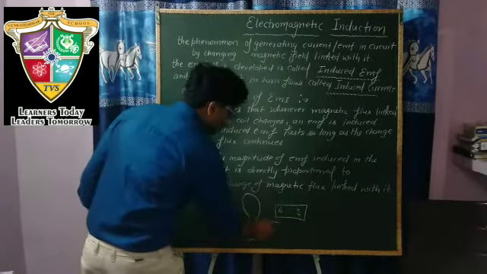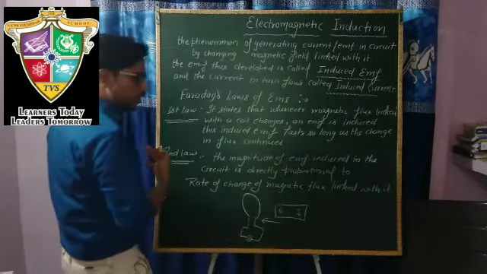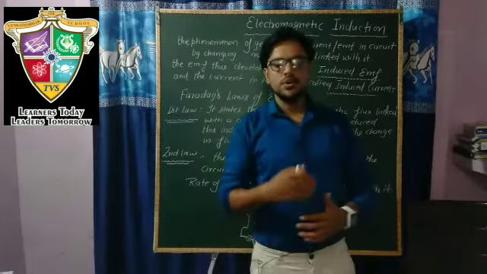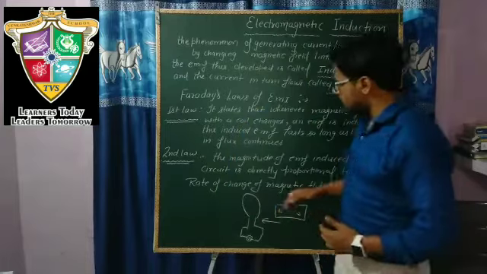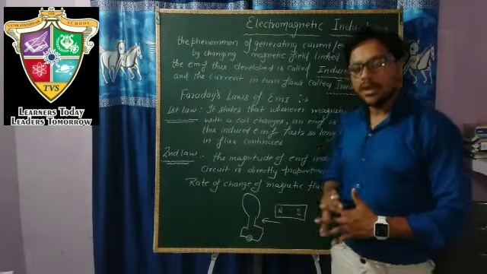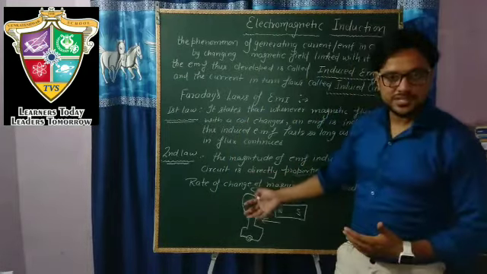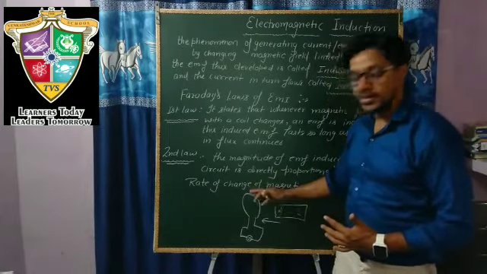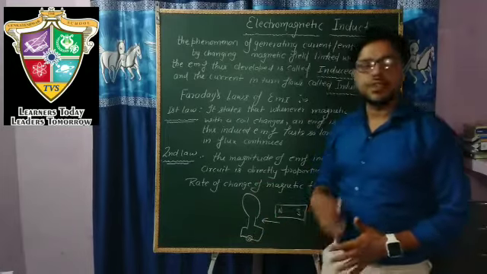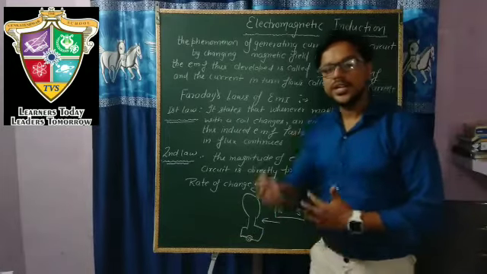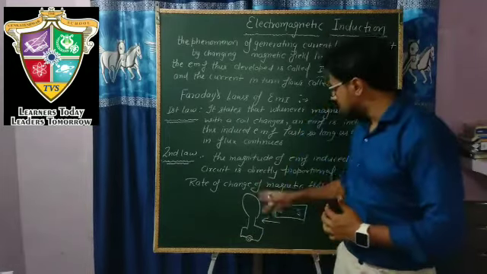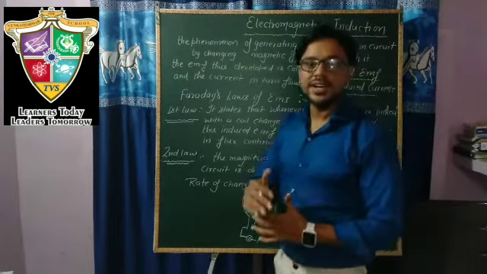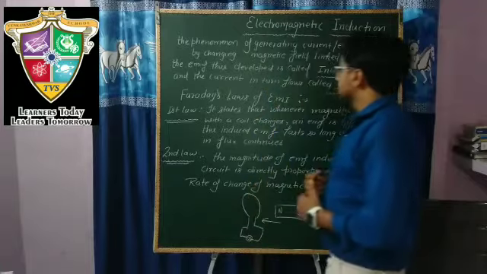If you bring this magnet close to the coil or then away from the coil, the relative motion between coil and magnet means the magnetic field is ultimately changing. Due to the change in magnetic field linked with this coil, the galvanometer shows a deflection, the indication of electric current in this coil. So this is the phenomena of electromagnetic induction.